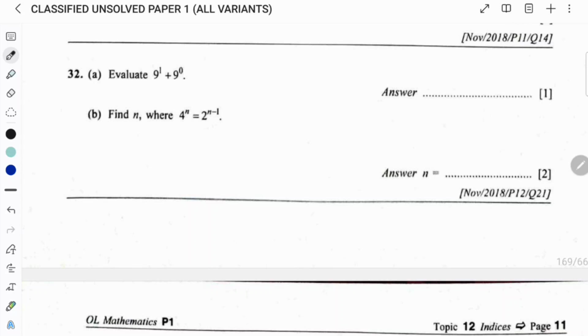Now here in solution of equations, 4 to the power of n is equal to 2 to the power of n minus 1. Okay, so we have to make the same base of 2 here. So what do we do? We replace 4 as 2 squared, so it will become 2 to the power of 2n is equal to 2 to the power of n minus 1.